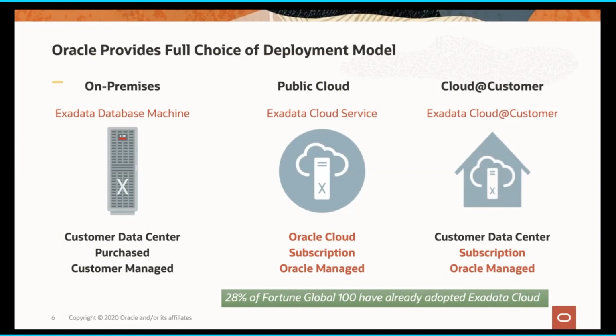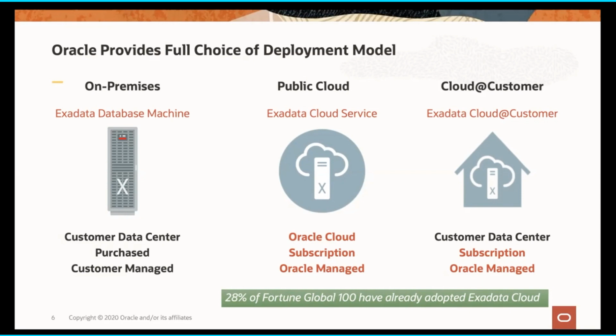The third option that you have is Exadata Cloud Customer, which is, as we mentioned before, the same experience you have when using a cloud service, but the Exadata systems are actually installed in your data center.